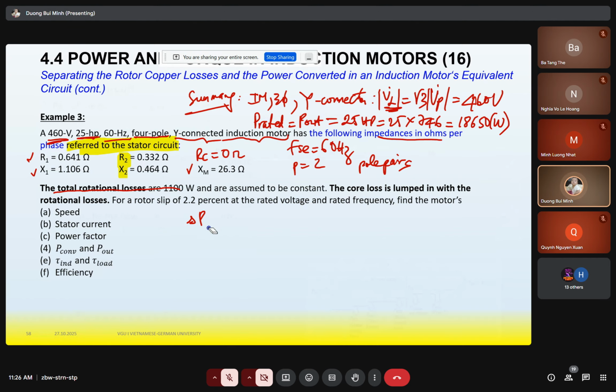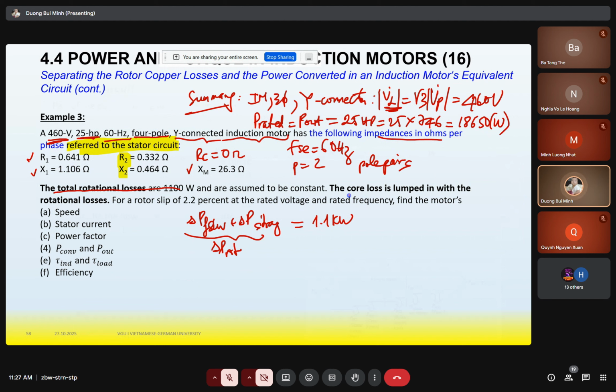So rotational losses mean we have ΔP friction and windage plus ΔP stray. Here is ΔP rotational, which is 1.1 kilowatt.